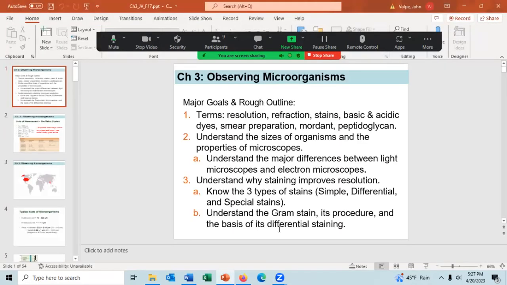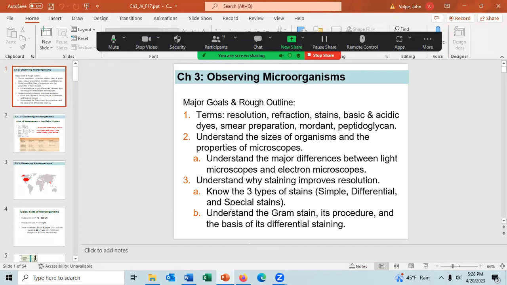So here's my introductory slide covering chapter 3, observing microorganisms. The major goals and the rough outline are shown here. One, know the terms, always know the terms for each chapter. Two, understand the sizes of organisms and the properties of microscopes. Be able to understand the major differences between light microscopes and electron microscopes.